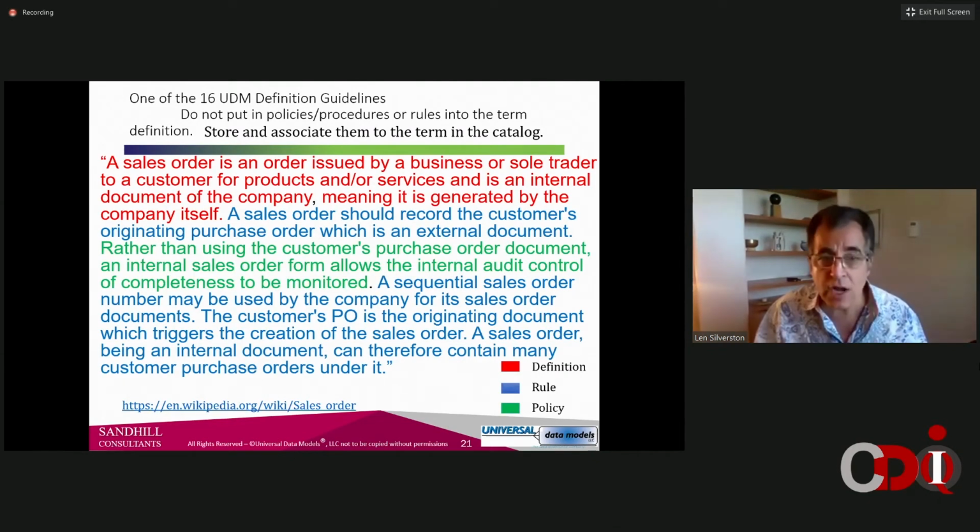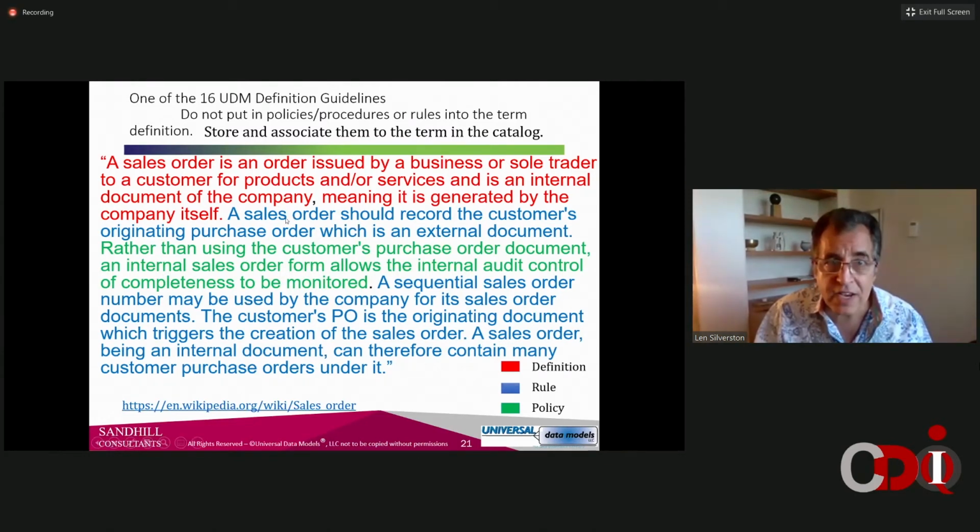So now here's a long definition of a sales order from Wikipedia. It talks about a sales order being issued by a business or sole trader to a customer for products or services. It's an internal document of the company. Now, this has to do with the definition.